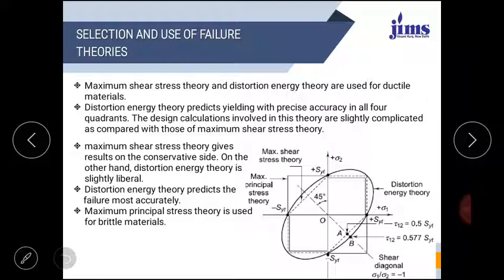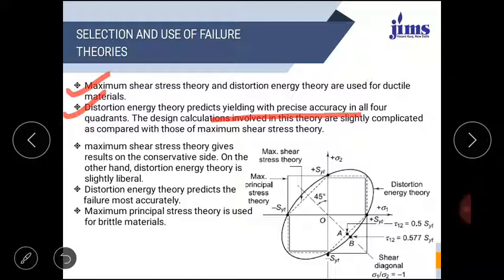Next slide we will see how we can select and use the theory of failure. In the first point, I think all the points we have already covered, but let's see them one by one. Maximum shear stress theory and distortion energy theory are used for ductile material. Distortion energy theory predicts yielding with precise accuracy in all four quadrants.